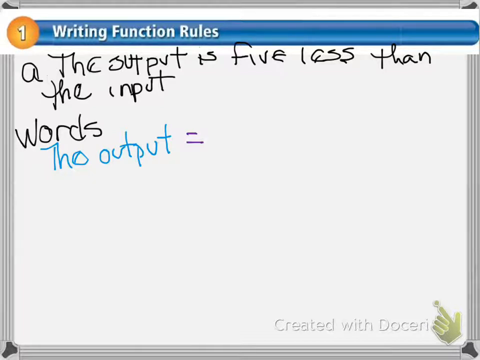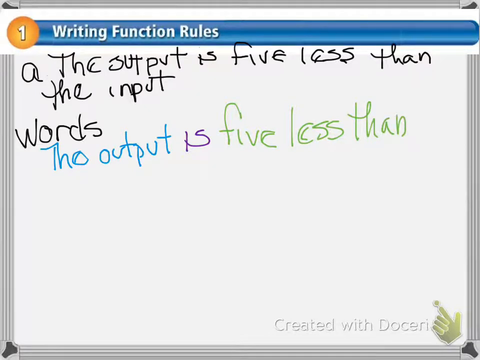Because is means equal. Let's go to green. 5 less than, and here we have the input, in yellow. Okay, so those are the words.